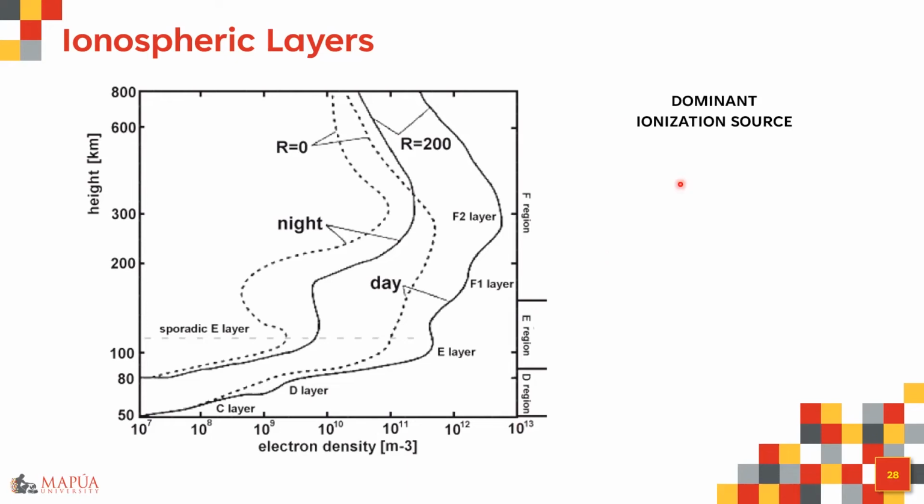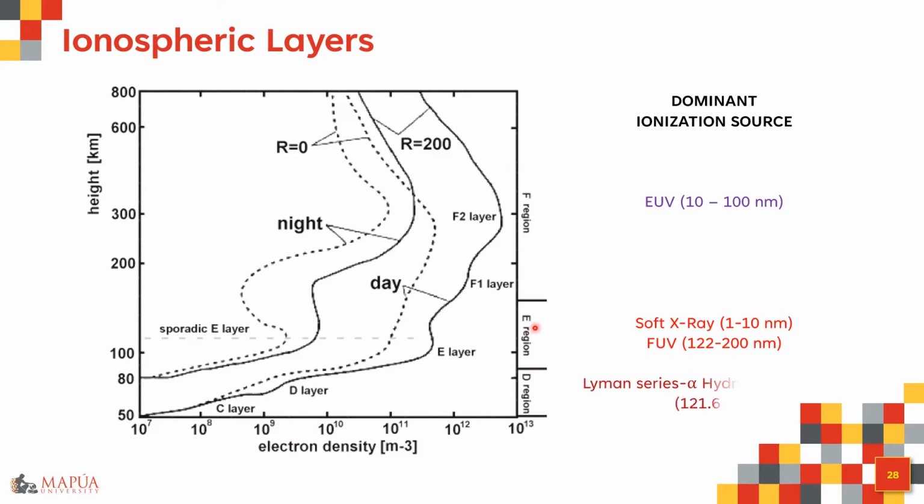The F region, the highest layer, is formed mostly by extreme UV, 10 to 100 nanometers. Soft X-ray and far UV are the dominant sources of the formation of ions in the E region.